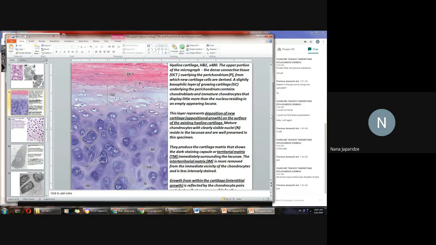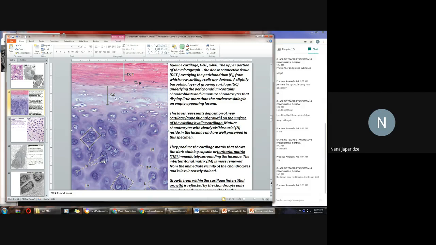What is this, for example? This part of tissue, extracellular matrix. Extracellular matrix is also this part which immediately surrounds the cells, look, this dark stained part of extracellular matrix.